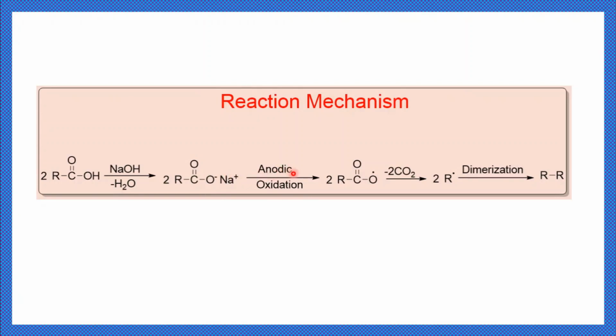Then anodic oxidation takes place, and the salt undergoes oxidation and loses 1 electron. After losing the electron, the oxygen has 5 electrons, and this is now your radical species.